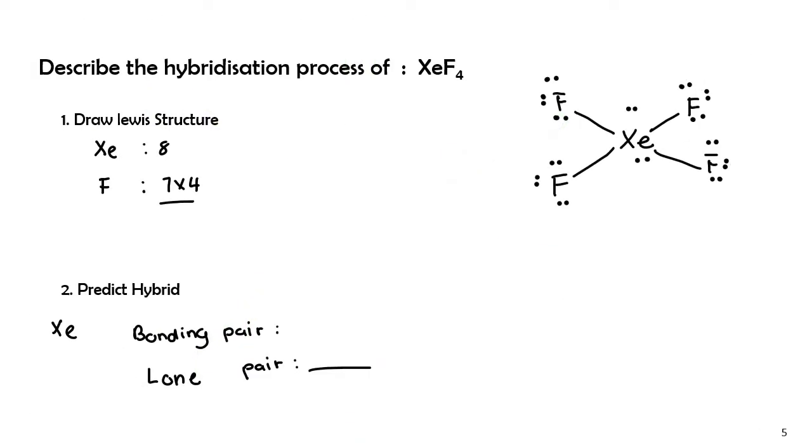The next example is XeF4 and the Lewis structure. There are 8 valence electrons for xenon, and then for fluorine you have 7 times 4 of the electron, and because you have 4 fluorine atom, therefore the total of the electron will be 36 electron, and you distribute all the electron to form this form of Lewis structure.